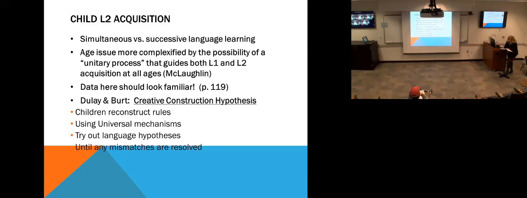So the first issue is, what's the difference between an L1 child and an L2 child? And your book says anywhere between the ages of 2 and 9 or 4 and 9 or something like that.